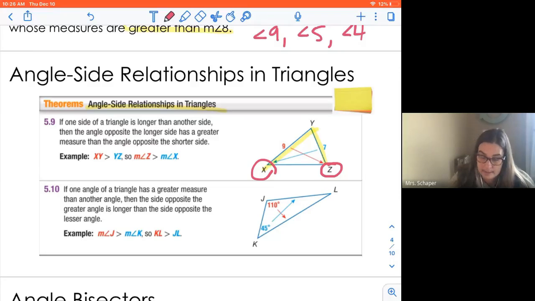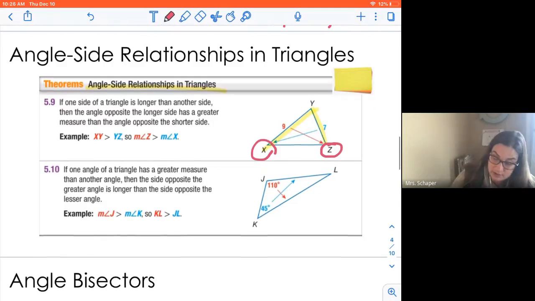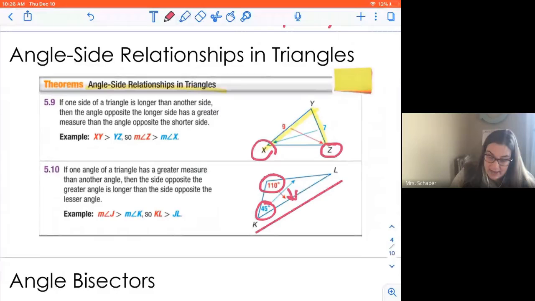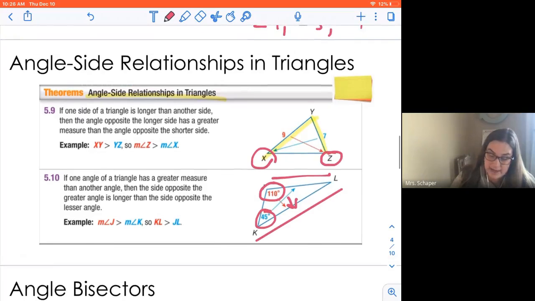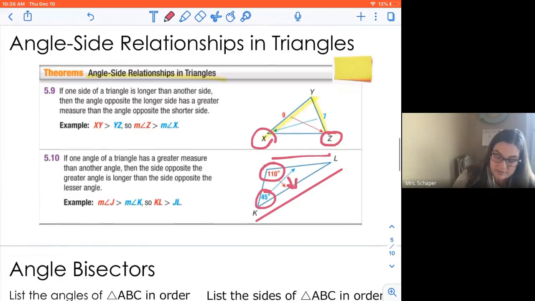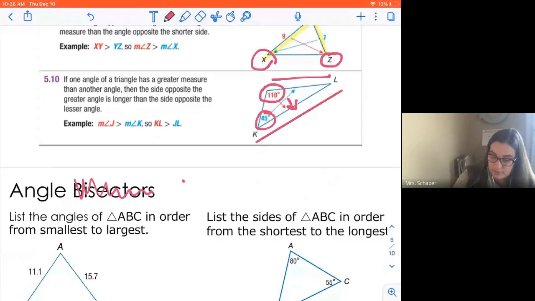Same thing is true for the next one. If angle J is more than angle K, then the side opposite 110 is going to be greater than the side opposite 45. That's the angle side relationship.